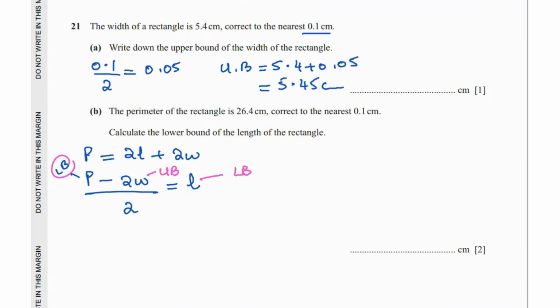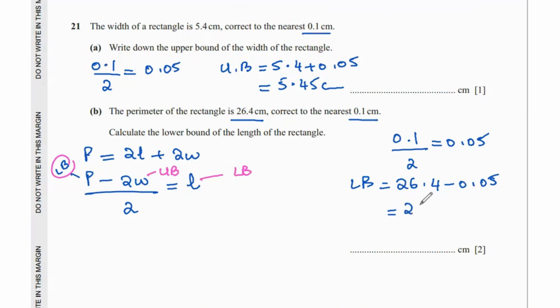So now for the lower bound of the perimeter. Perimeter is 26.4 correct to the nearest 0.1 centimeters. Again, divide 0.1 by 2, which is 0.05. So your lower bound would be 26.4 minus 0.05. Just going to give us 26.35 centimeters.